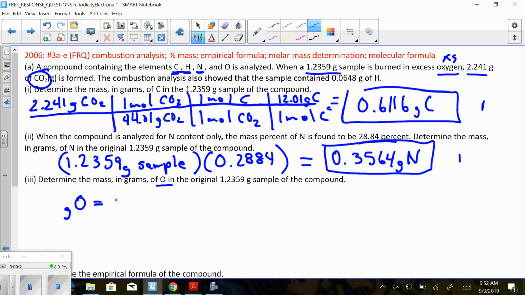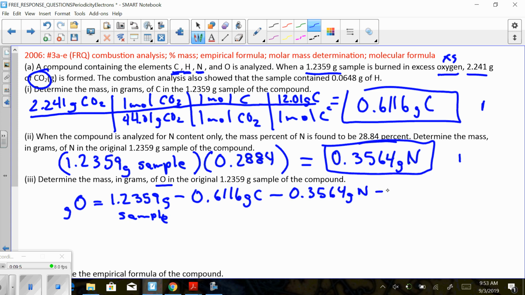And so if I have the mass of the sample minus the mass of, we'll just start with the carbon, minus the mass of the nitrogen, minus the mass of our hydrogen, which is up here, we have 0.0648 grams of hydrogen.